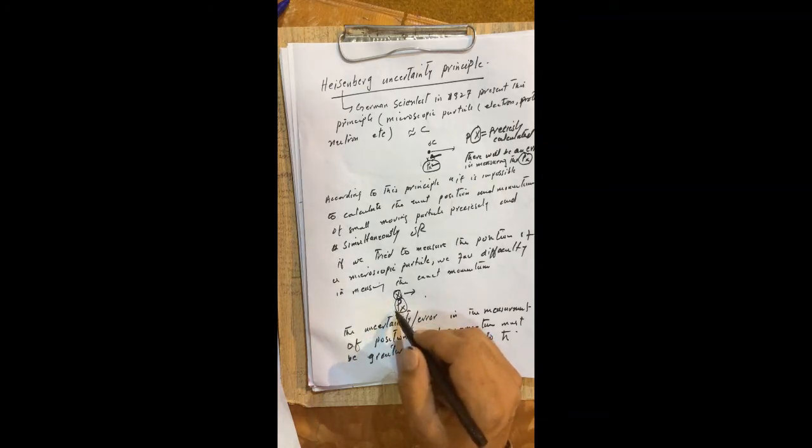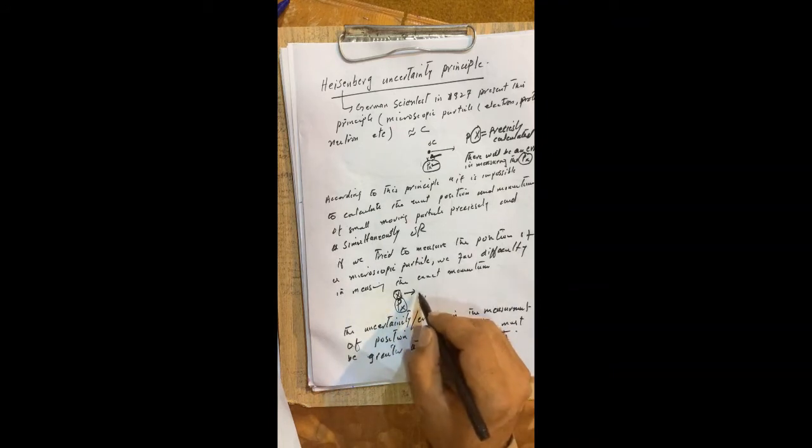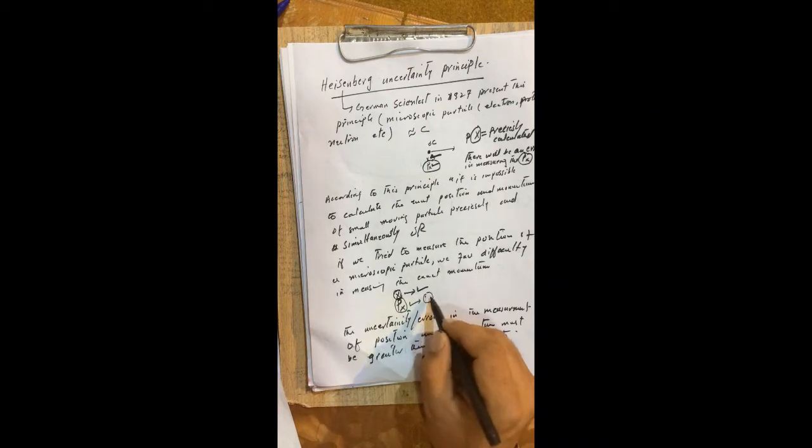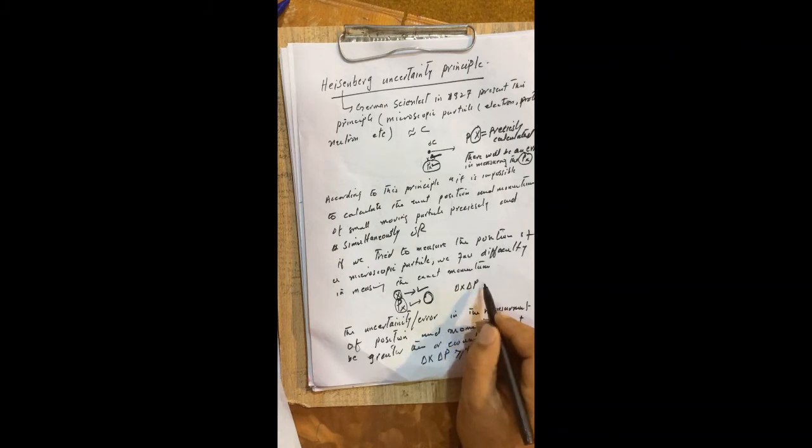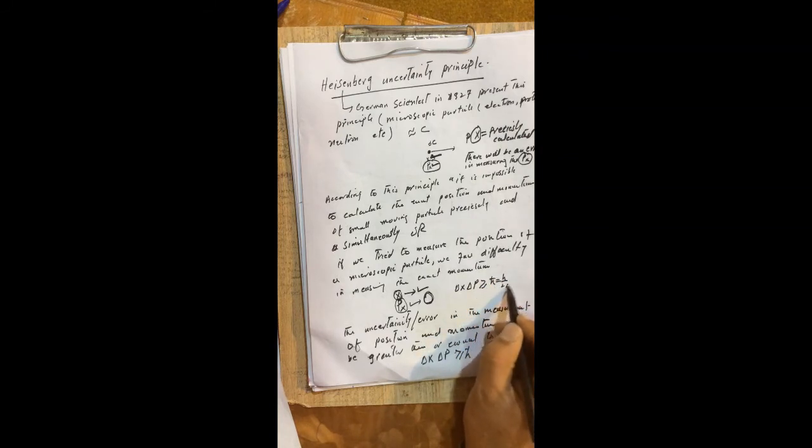Now if the error in measuring the position is small, like if we accurately measure the position, then the error in measuring momentum will be greater. So we cannot precisely and simultaneously accurately measure the momentum. But the product of the two errors, delta x into delta p, will always be greater than or equal to this reduced Planck constant h bar. H bar is basically h divided by 2 pi.